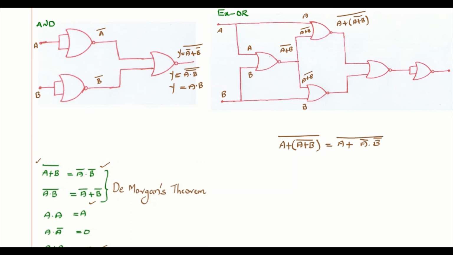So the whole expression becomes A plus A complement dot B complement the whole complement.